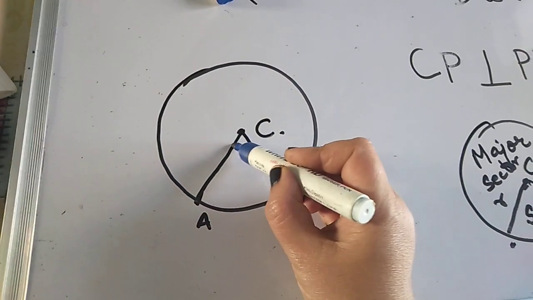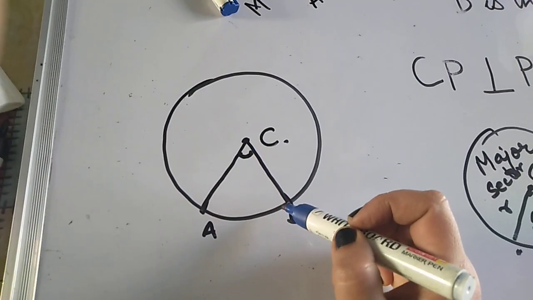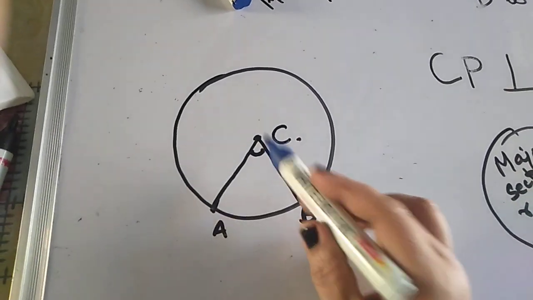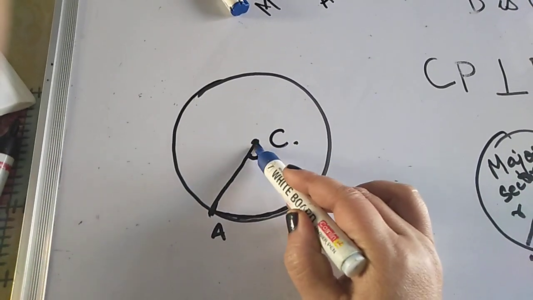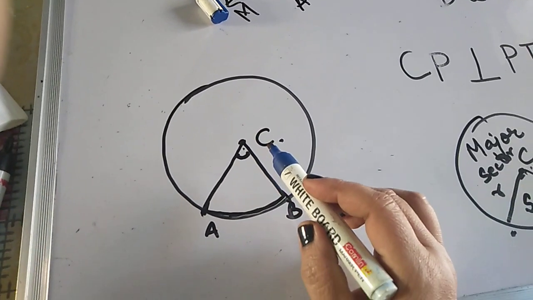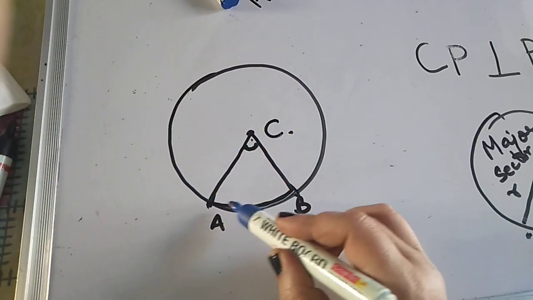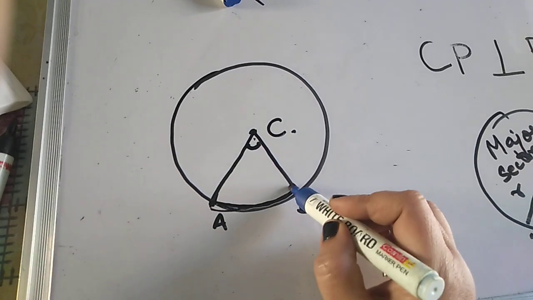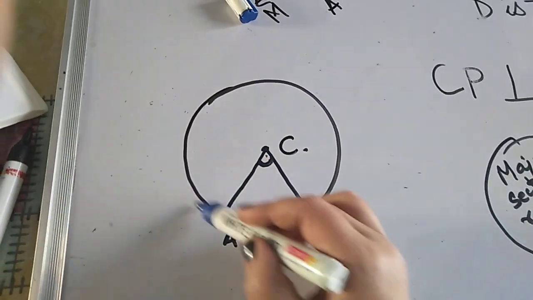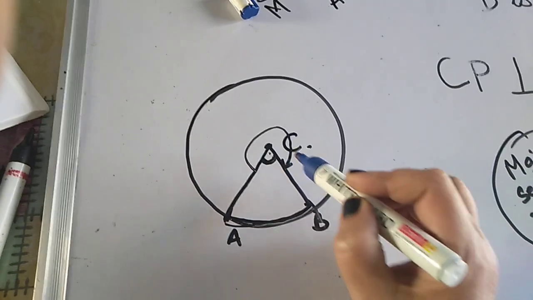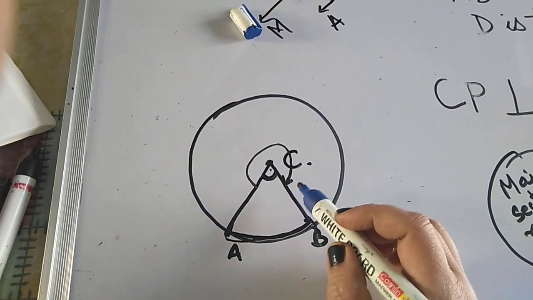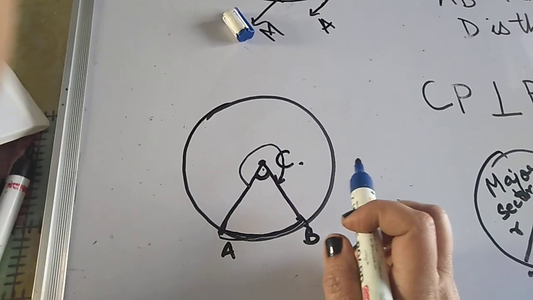Angle ACB is the angle of the sector, or you can say the angle subtended by this arc at the center of the circle. This minor arc is subtending this angle, whereas the major arc is subtending this angle. I hope it is clear. So, angle subtended at the center.